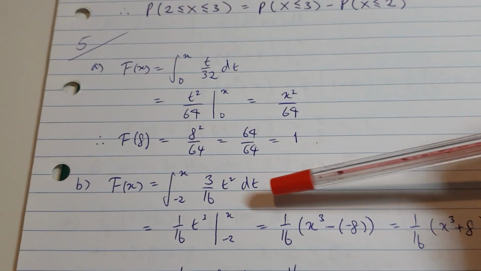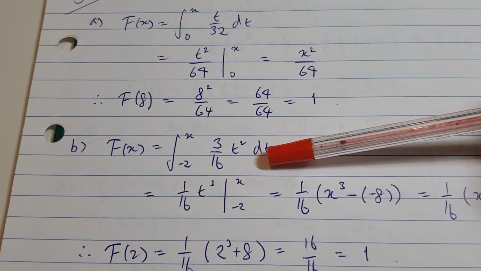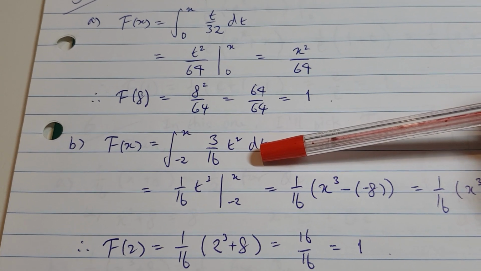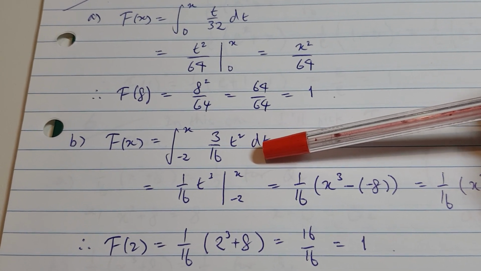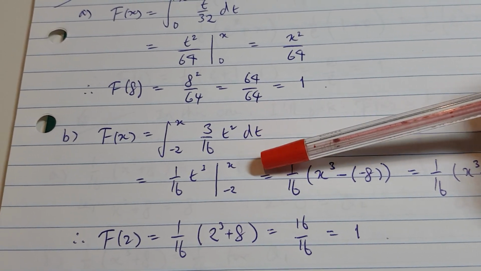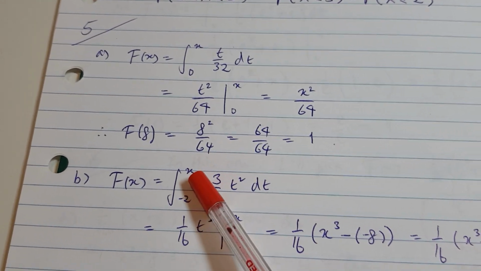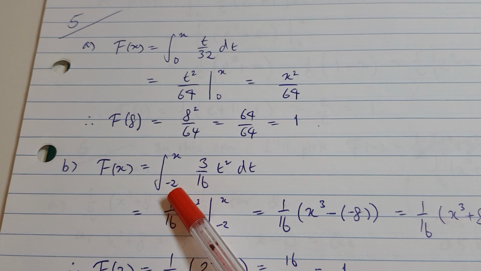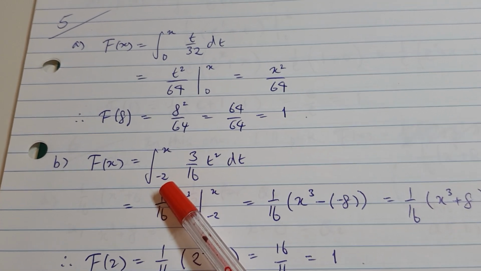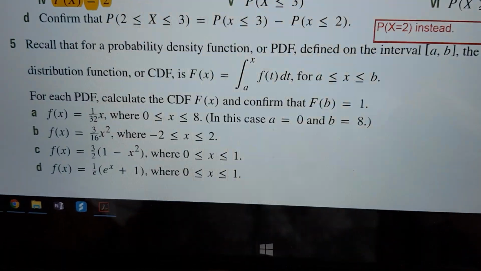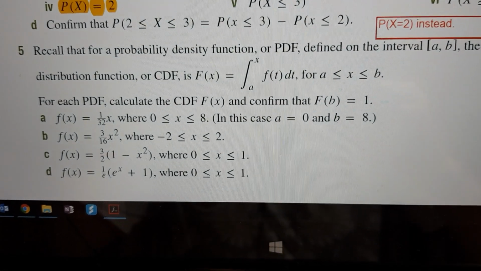So this time you got given this. It's originally 3 on 16 x squared, but like I said before, every x now gets replaced by t, and this one is always x, and that one is always the lower bound of the given domain. Now for part B, the domain is from -2 to 2.